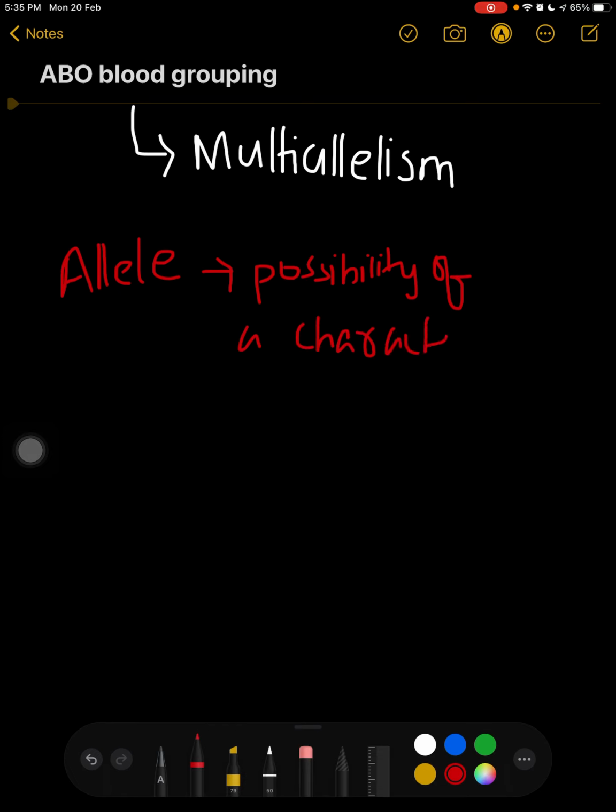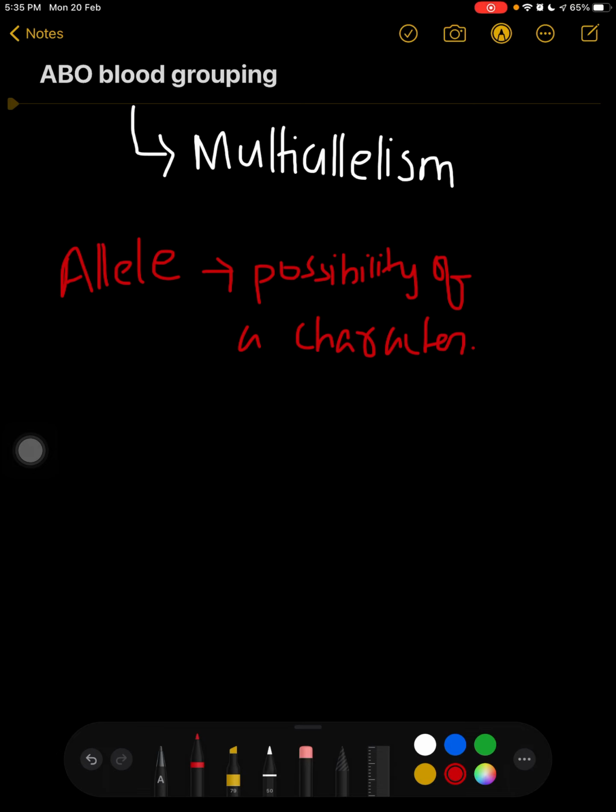We have a gene, and in the gene we have characters, like the gene expresses the characters or features. So for example, we have eye color. Eye color is basically a character. We have 3 to 4 possibilities of that character. It can be black, brown, blue, or green. These are the possibilities of the character, which is eye color. Those possibilities are known as alleles.